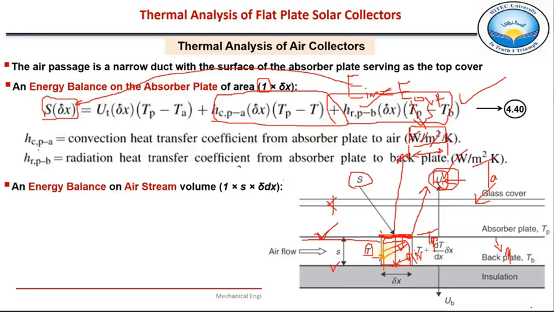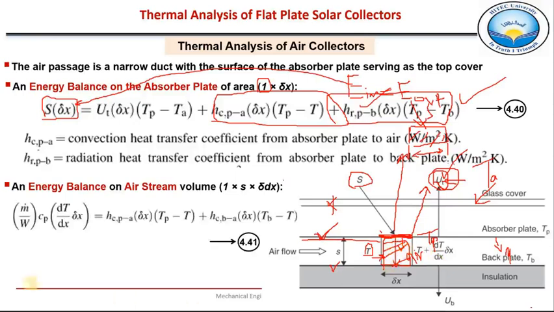So the net heat gain of this air is given by m dot cp into, okay, now what is this term? I can write it here. This was m cp at the inlet, right? And after gaining this heat from the top of the plate and from the bottom of the plate, its temperature is increased.